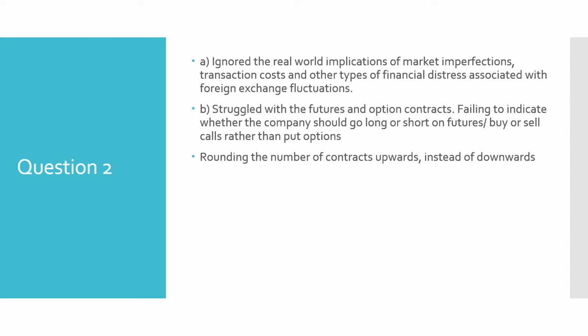For example, the number of contracts we got was 81.4, but candidates rounded it up to 82. We are supposed to round it down to 81 because they clearly told us to round down. So you cannot round up. Even if rounding up seems okay, you will not get the marks because they have told you to round down.